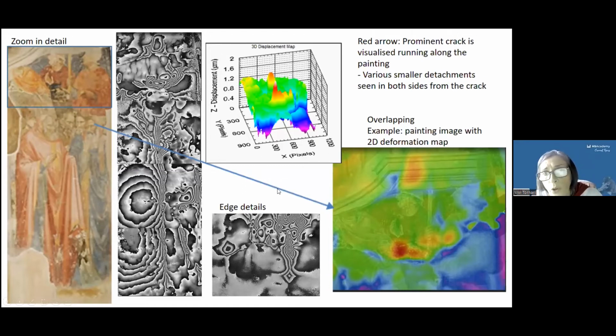We can further process this information in order to get our phase information, and from there we have the post-processing tools to give a better visualization of the problems. So, for example, as we can see here, we overlap this part with our result of this 3D deformation map, and this is the result that we get.